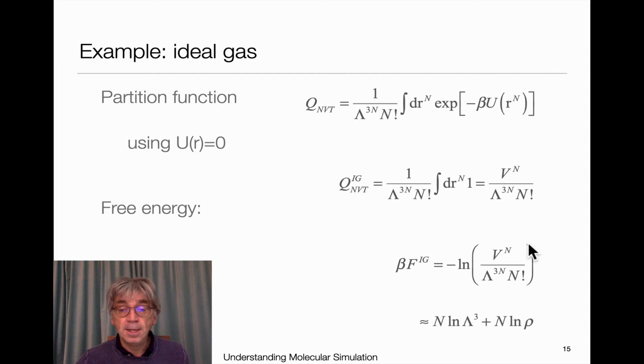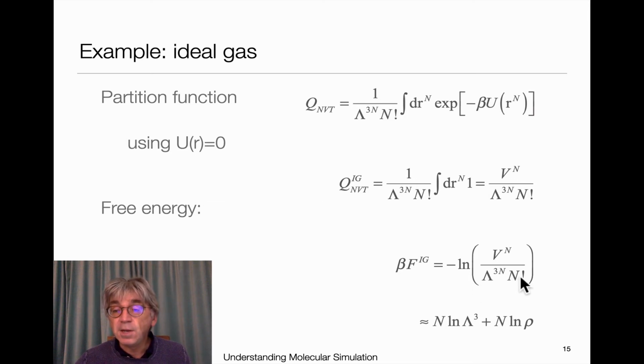Okay. And here, if the number of particles is very large, we can replace the logarithm here with the Stirling approximation. So what is the Stirling approximation saying? That if we take the logarithm of n factorial, we get n log n minus n.